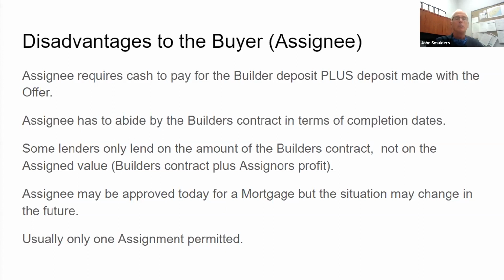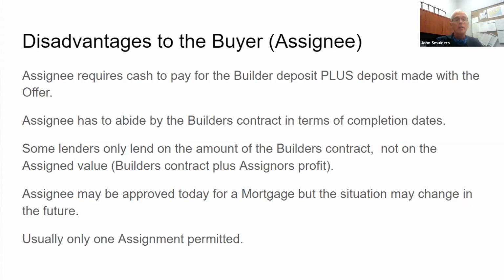That's a real problem for a buyer. So your buyer has to have some flexibility: if the closing date moves, can the buyer be flexible enough to move with it? Okay, so you have to be careful when you're talking to a buyer, that they understand that the closing date is not 100% guaranteed. That's in the builder's contract.